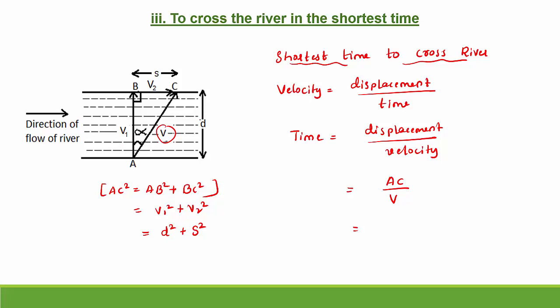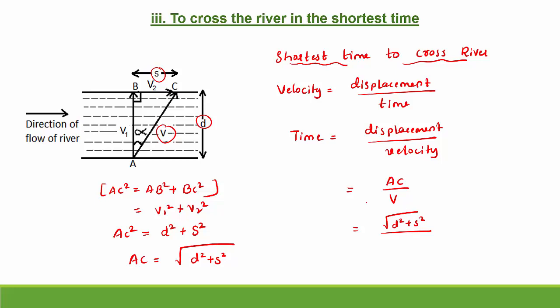AB equals D, BC equals S. So in place of AC square, we can write D square plus S square, or AC equals square root of D square plus S square. Time is square root of D square plus S square divided by V.